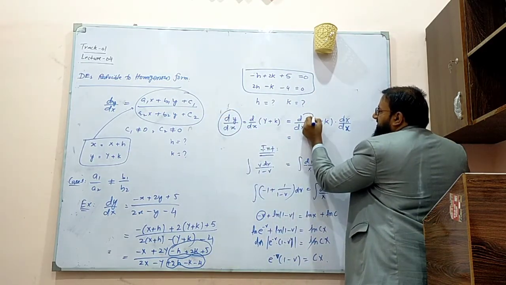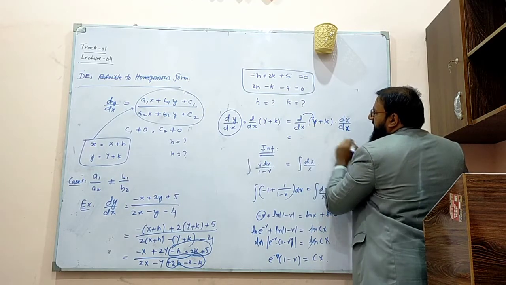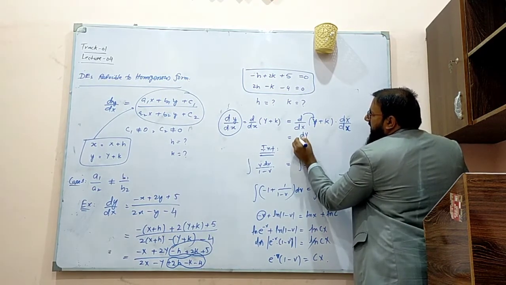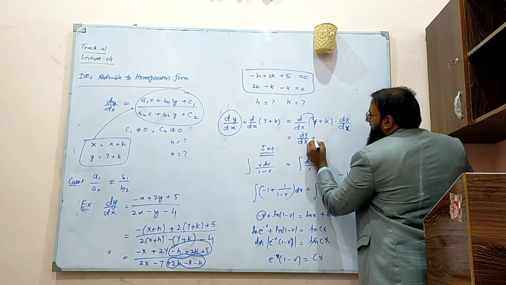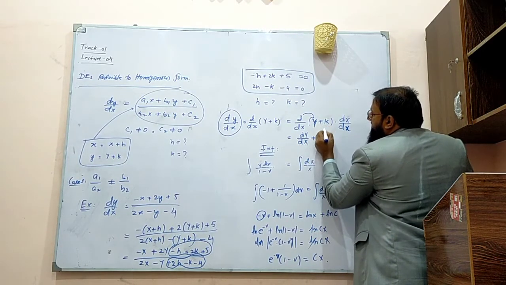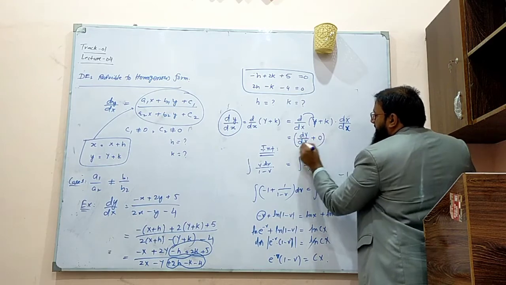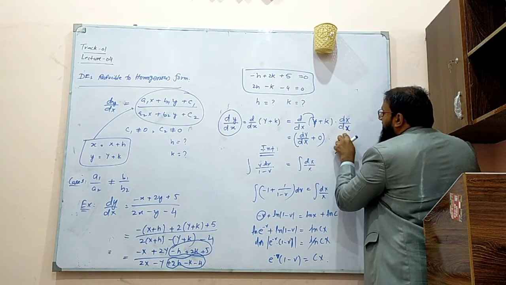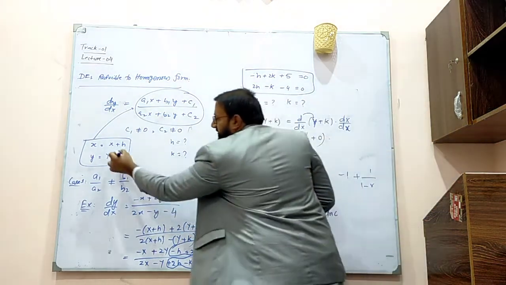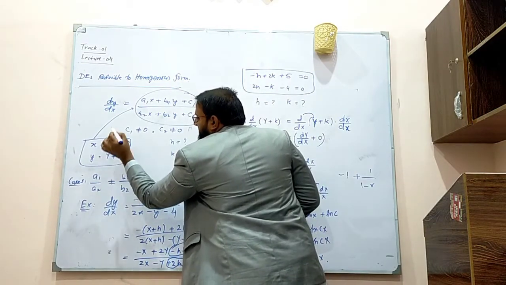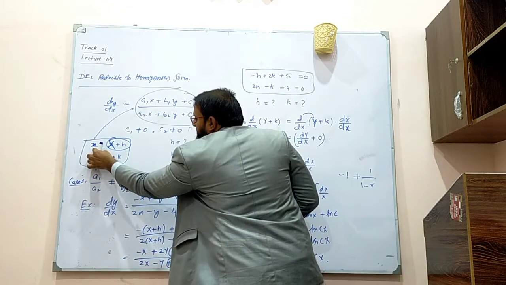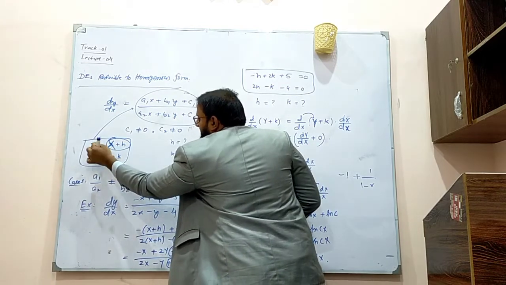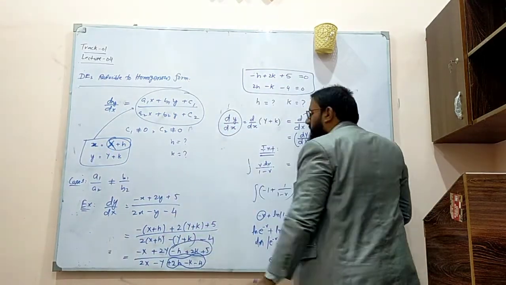Okay, differentiate this thing. This is capital Y. So dY divided by dX. Then the derivative of a constant is 0, and the derivative of capital X with respect to small x: you take x there and differentiate, you get 1 as your answer.